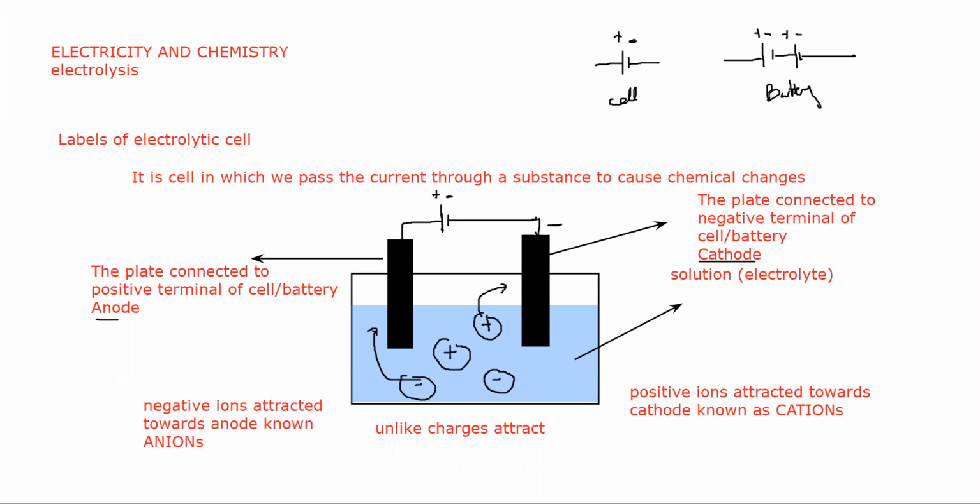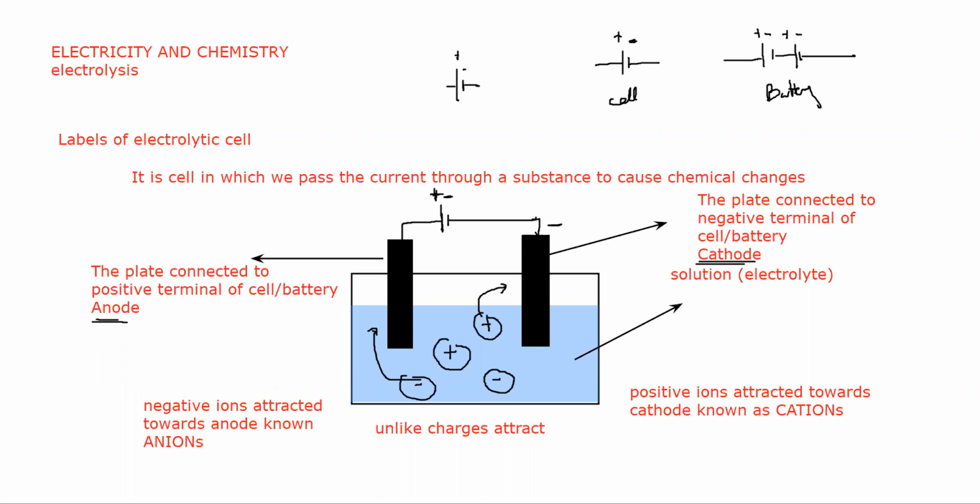So this is the label for the electrolytic cell. The positive terminal of the battery, the negative terminal of the battery. The big line is representing the positive terminal, the small line is representing the negative terminal of the battery. The plate connected with the positive terminal of the battery, we call anode. The plate connected with the negative terminal of the battery, we call cathode.